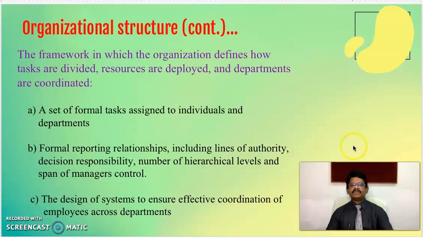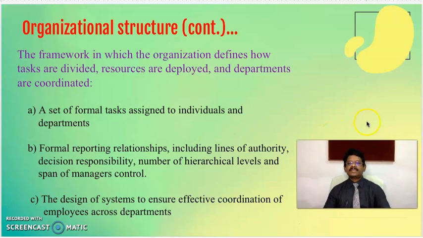Based on that, further, the structure is the framework in which the organization defines how tasks are divided, resources and other things are deployed, and how departmental activities are identified and made into different work divisions. All these are coordinated, a set of formal tasks assigned to individuals and then departments, right? And then the formal reporting relationships, including the line of authority, decision responsibility, number of hierarchical levels, and span of control.